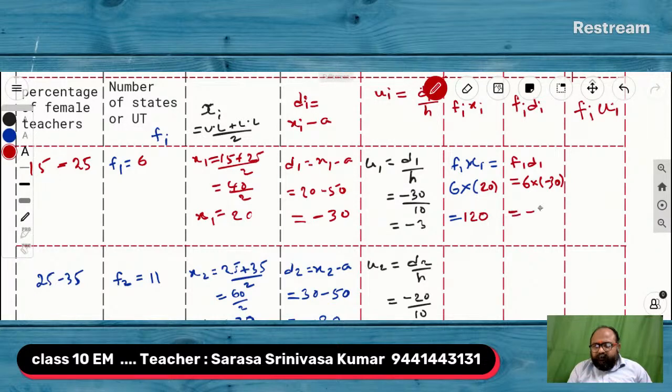So this is minus 180. Next, last column is F1 U1. This is equal to 6 multiplied by U1, minus 3. So this is equal to minus 18.